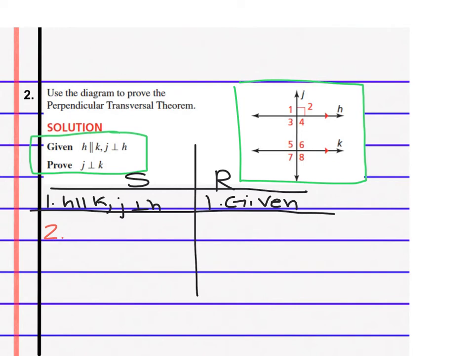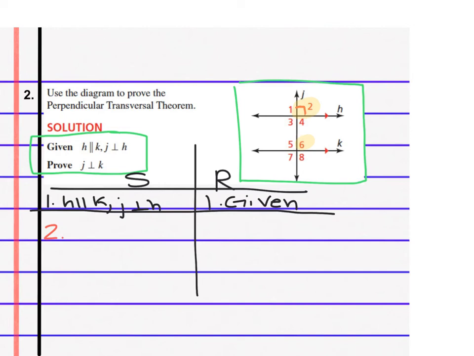It's marked on my diagram that angle 2 up here is a right angle. If my goal is to prove that J is perpendicular to K, I need to connect angles 1, 2, 3, and 4 to 5, 6, 7, and 8. Since I know that angle 2 is a right angle, I'm also going to talk about angle 6 because that will connect those two parts.